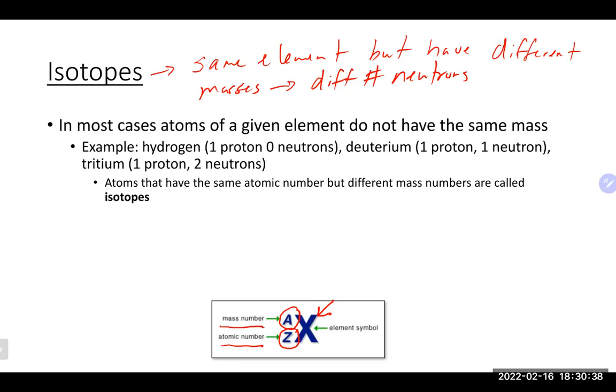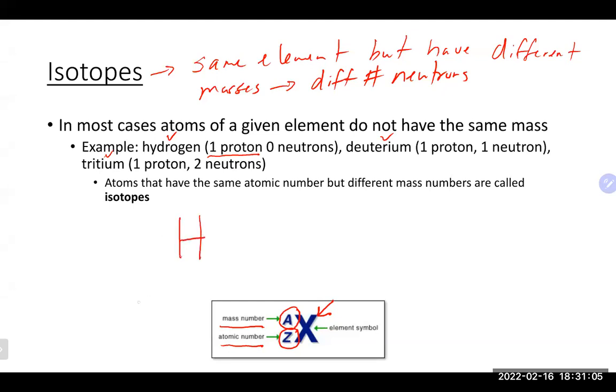So if we were to write the symbols for each of these isotopes, we would do it as follows. You would look at hydrogen and it tells you it has one proton. Let's say, for example, you're not sure what the symbol of hydrogen is. You could go to the periodic table and find number 1, and number 1 there is H for hydrogen.